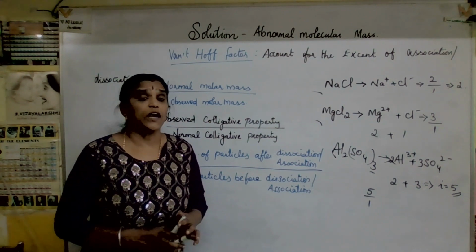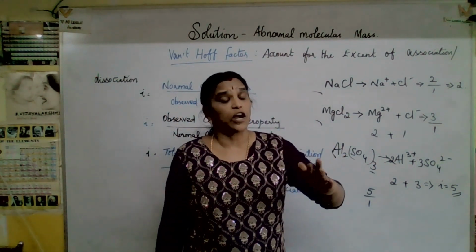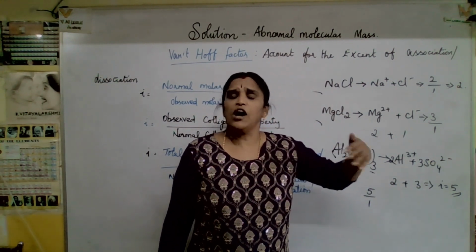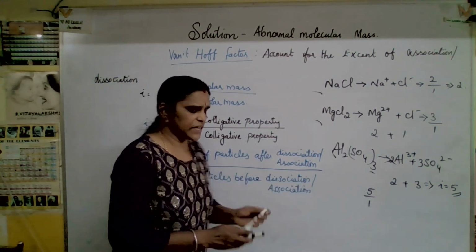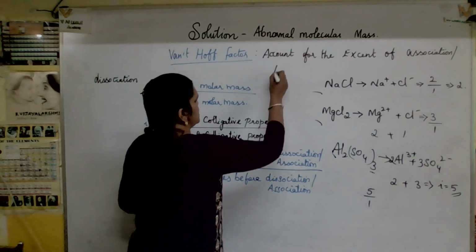Now let us go and analyze what is a weak electrolyte and what is a strong electrolyte, before association and before dissociation. All these ideas let us analyze very clearly. And one more example we can go for here, K4[Fe(CN)6].